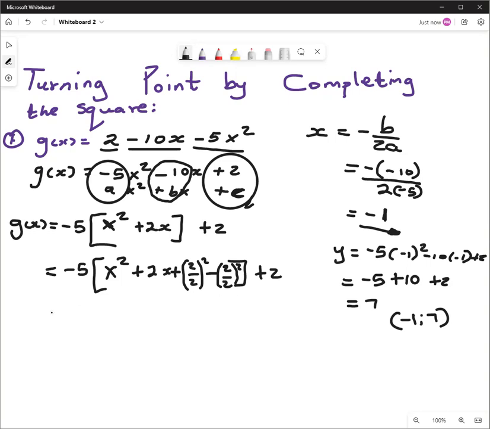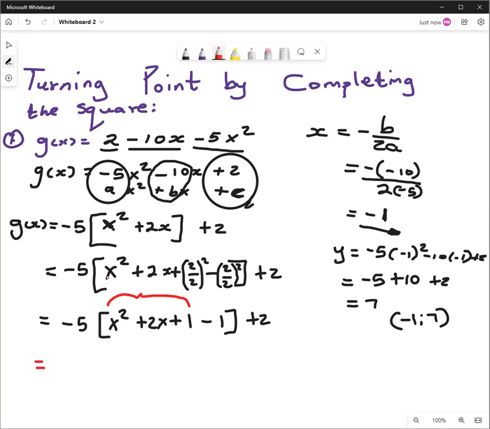Okay. So I now have negative 5, then this will be x squared plus 2x. This will give you 1 if you simplify it, and then minus 1 plus 2. And then this part, ladies and gents, the first 3 terms will always give you a perfect square trinomial.